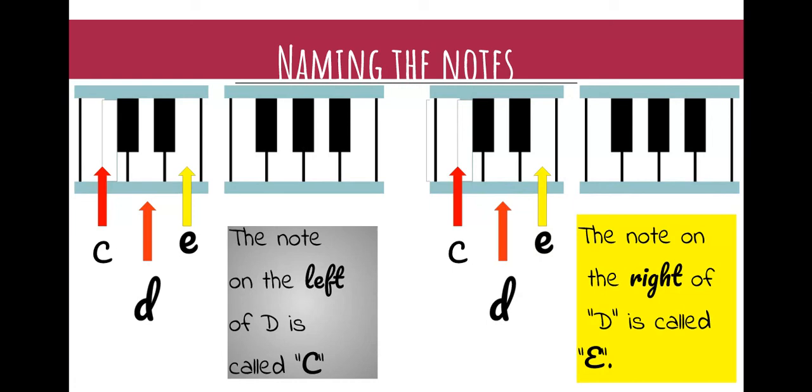Now, moving on to the other keys either side of D, the note to the left of D is going to be called C, and the note to the right of D will be called E. Another way to identify C is to look for the two black keys, and the white note to the left of the first of the two black keys is called C. And if you're looking for E, the note to the right of the second black key is called E. So this is a pattern that you just need to memorize and remember.